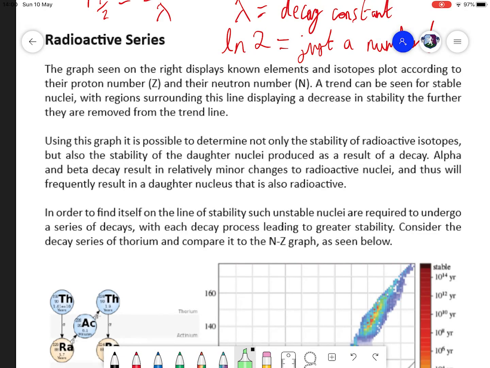Now, radioactive series. This section involves looking at essentially the periodic table represented graphically, as well as possible decay chains. Now, we are representing elements, or isotopes, I should say, of each element in a graphical manner using numbers that we're familiar with, like the proton number, Z, or atomic number as we often refer to it, and neutron number, N. This is not the number of nuclei, this is not the mass number, this is the number of neutrons.